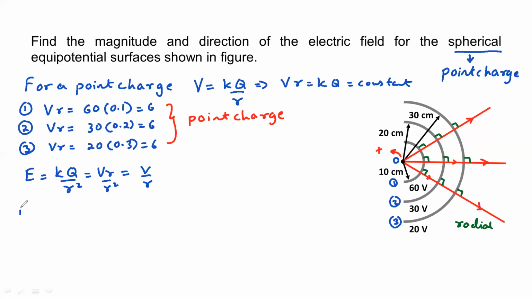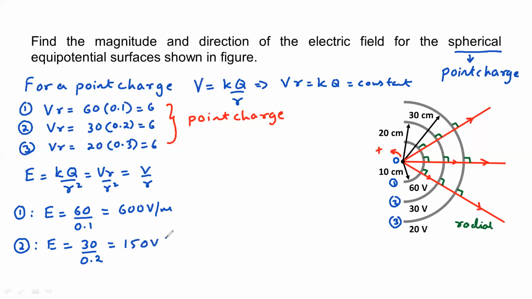So the electric field at the first equipotential surface is going to be E is equal to V by R. What is the potential there? 60 by what is the distance from the center? It is 0.1. I'm writing it in SI units. So this is 600 volt per meter, right? For the second equipotential surface, again finding V over R, it would be 30 by 0.2, which is 150 volt per meter.